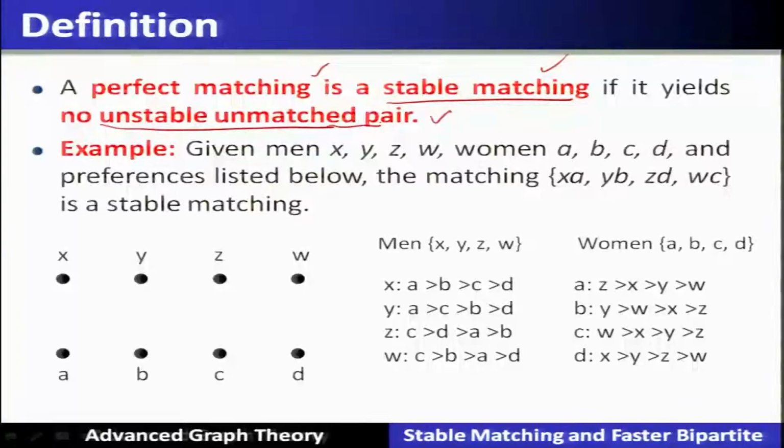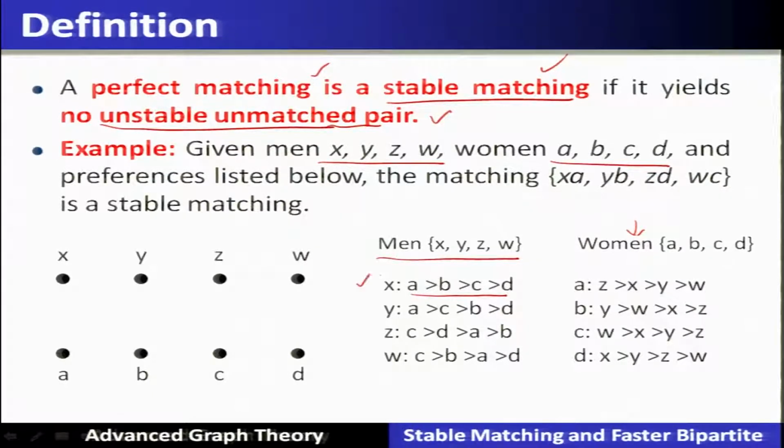Another example which we will give you: let us say that we are given men X, Y, Z, W and women A, B, C, D, and in this problem setting we are also given the preferences of the partners.